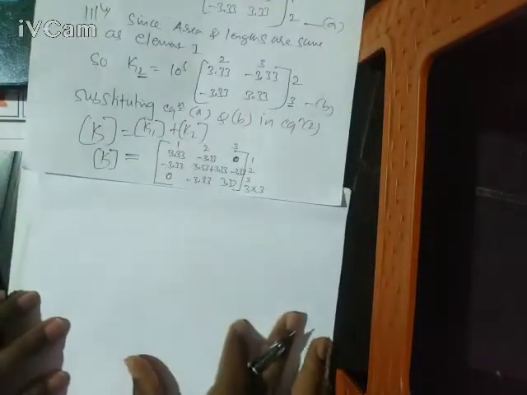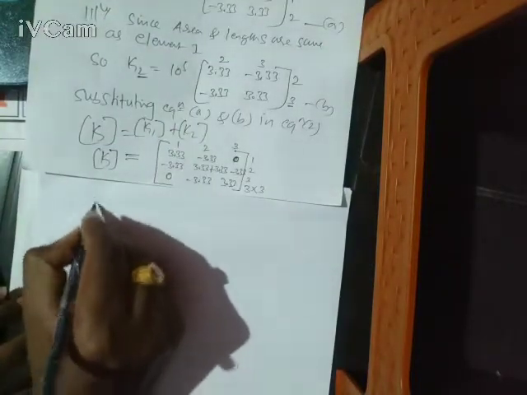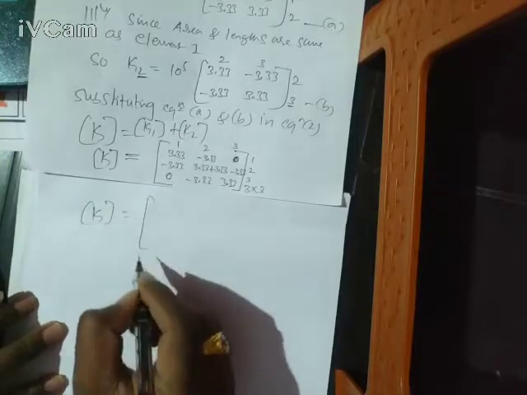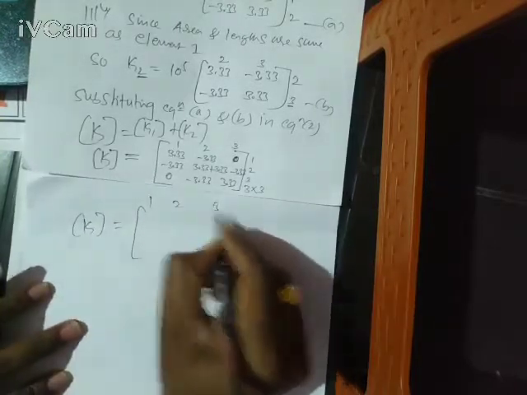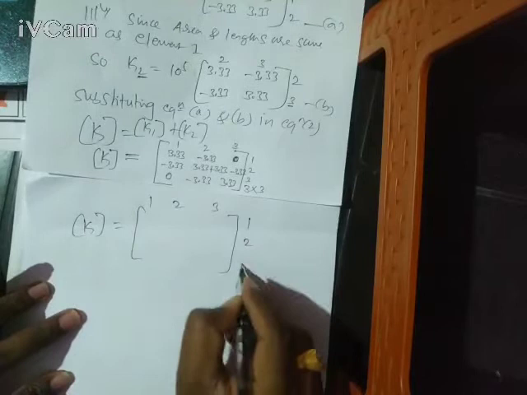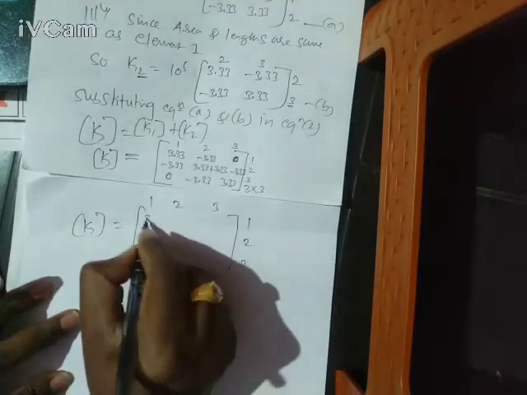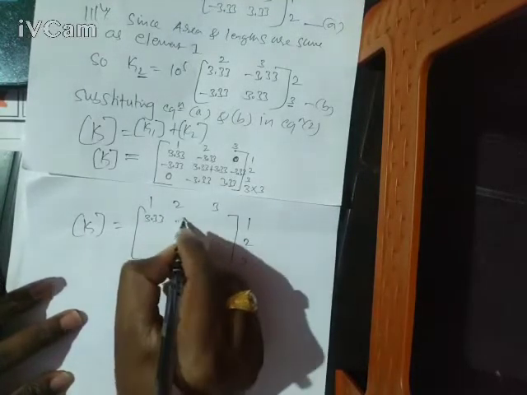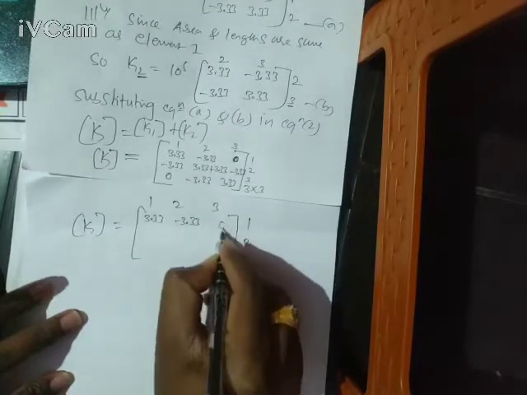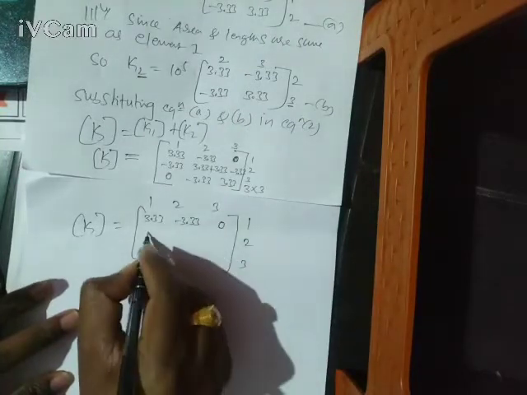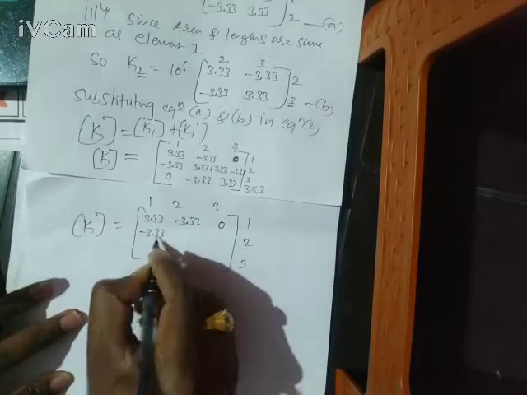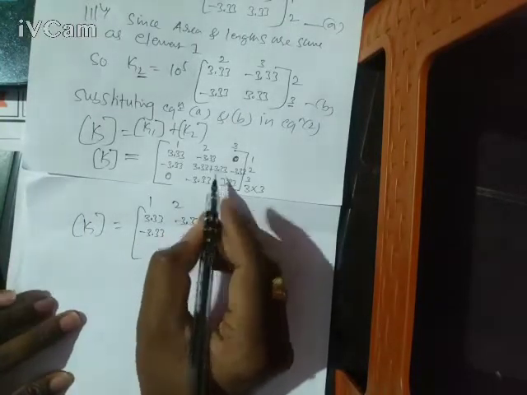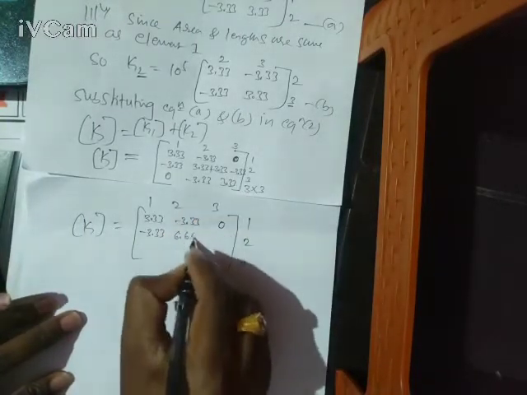So thus our global stiffness matrix is K is equal to, 1 2 3, 1 2 3. See, 3.33, minus 3.33, 0. So second row first column is minus 3.33. So 3.33 plus 3.33, so we will get 6.66.